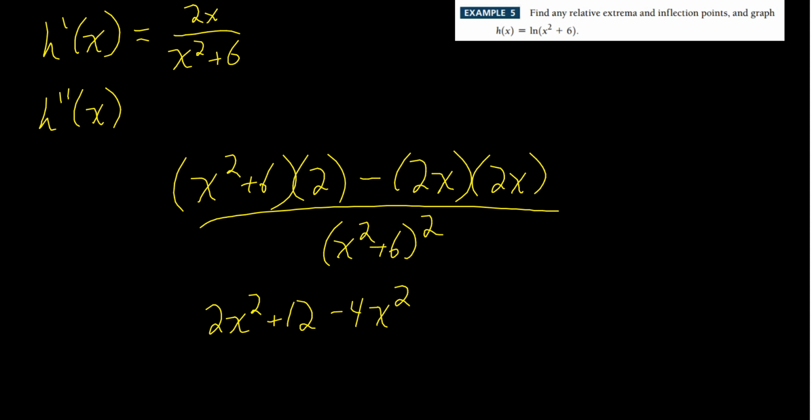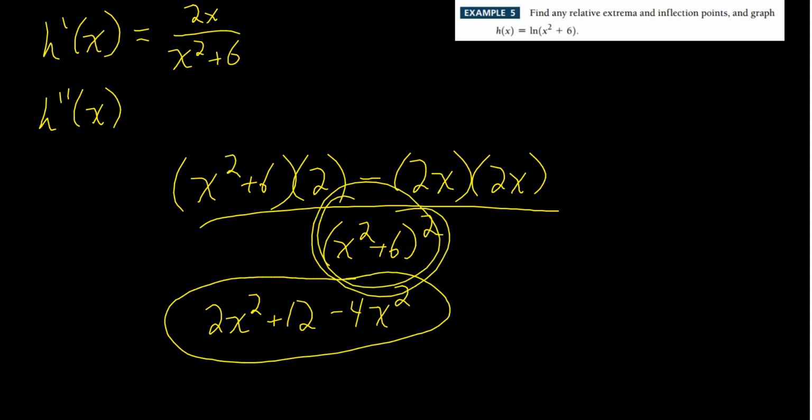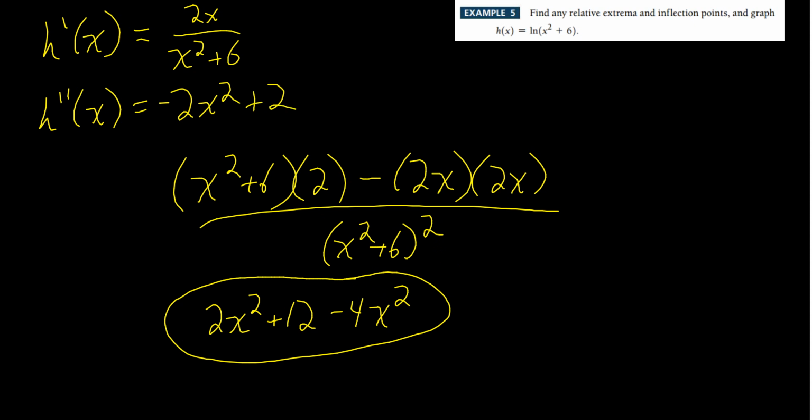All right, so we're going to go ahead and combine. This is my numerator. My denominator, I don't really want to touch that. So in my numerator, I can combine the x squared terms. So I'm going to end up with negative 2x squared plus 12, and I'm going to put that over my denominator, which is x squared plus 6 quantity squared.